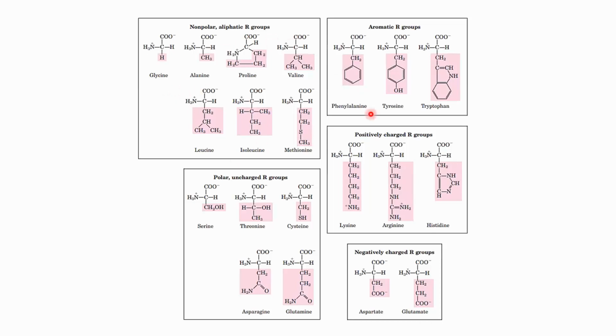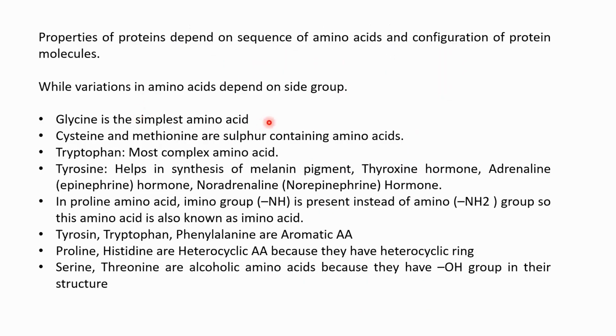Except glycine, all of these amino acids have a chiral carbon in which all 4 valencies are fulfilled by different atoms, while in glycine there are 2 hydrogen atoms attached to the same carbon. So in glycine, the alpha carbon, or central carbon, does not have all 4 valencies fulfilled by different atoms, therefore it is not a chiral carbon, while in other cases it is. So glycine is the simplest amino acid.